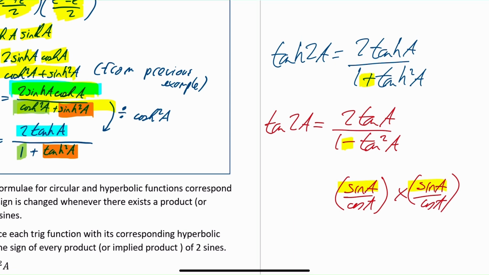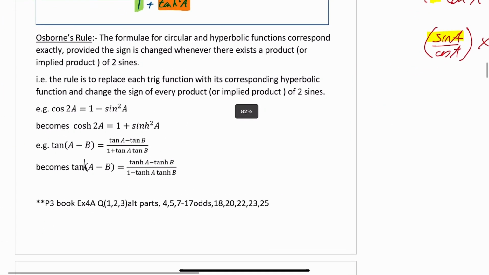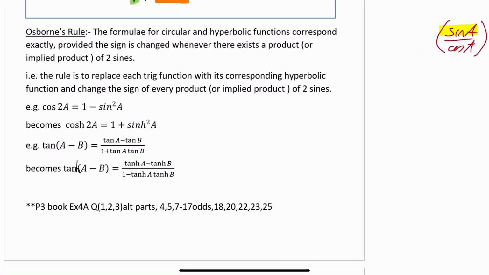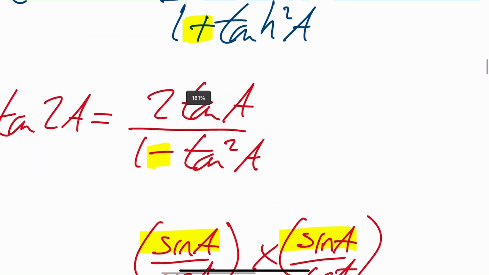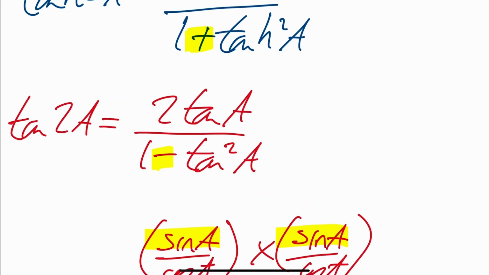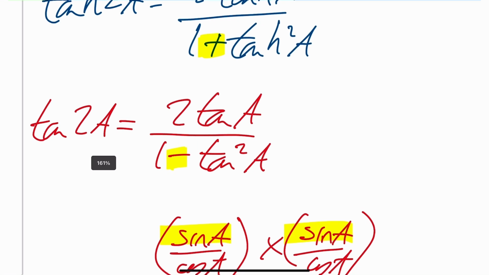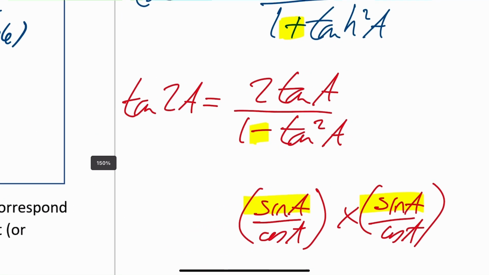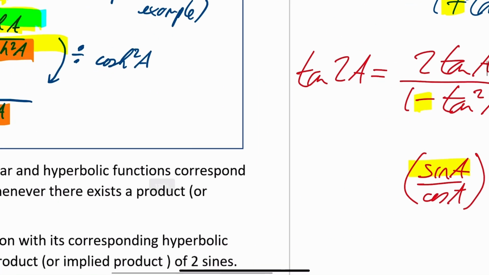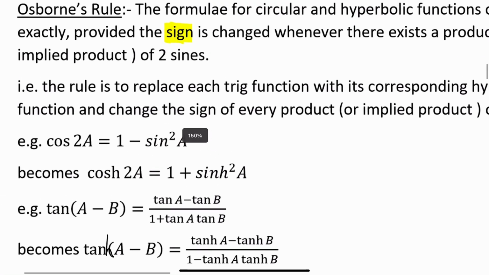So what the Osborne rule says is the formulae for circular and hyperbolic functions correspond exactly, provided that the sign is changed whenever there exists a product or implied product of sines. That's what I've done in this one. This was an implied product here because you have tan squared, which is not directly a product of sine, but it is really because you've got sine over cos in the tan. So that's what you've got.